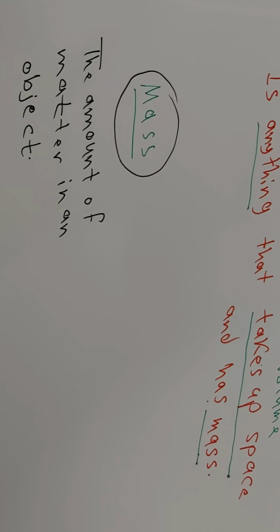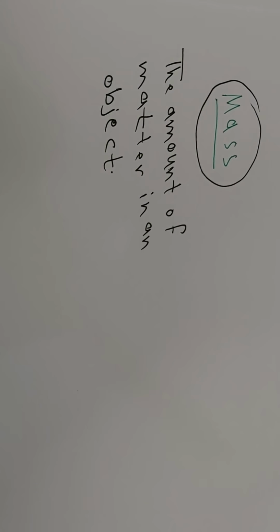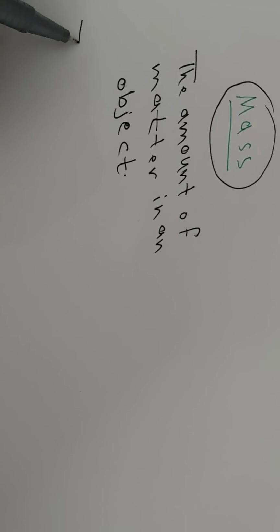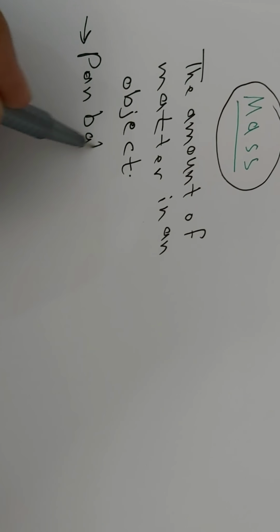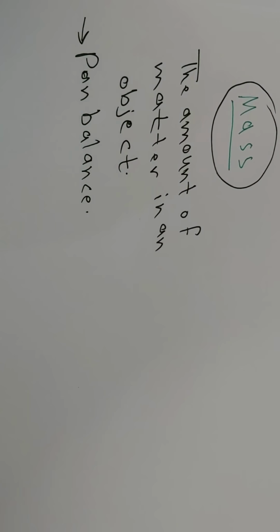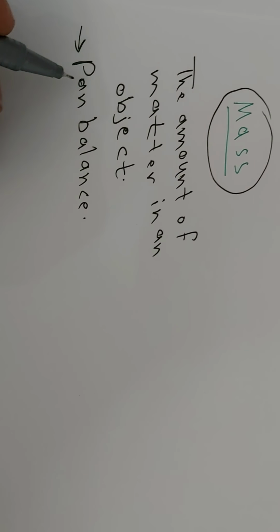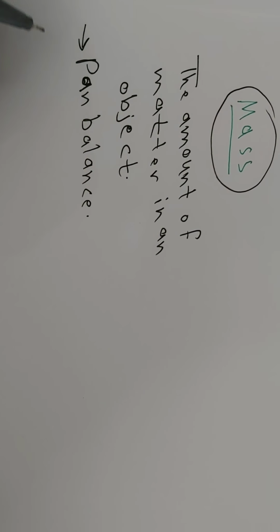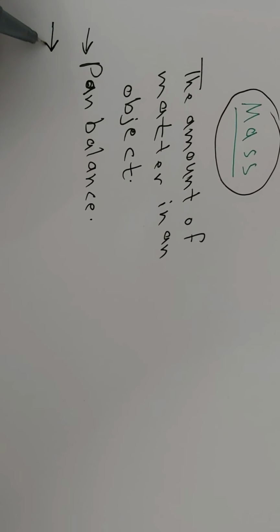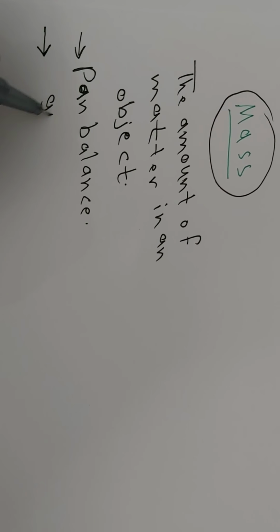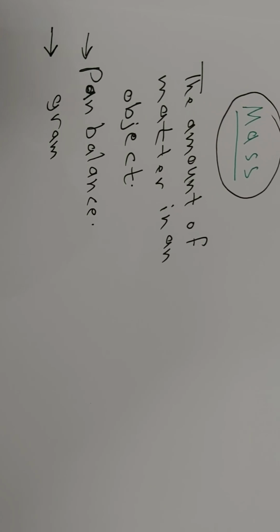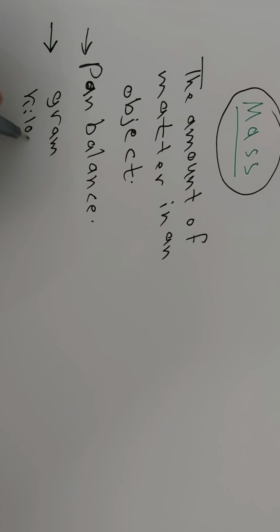How can we measure mass? Easy, and we know this. We measure mass by using a pound balance or balance. The unit of mass is gram for small things and kilogram.